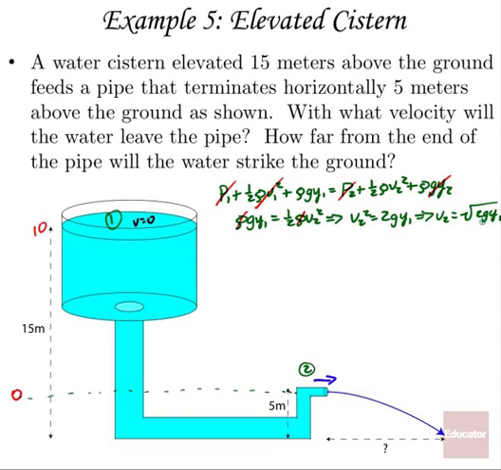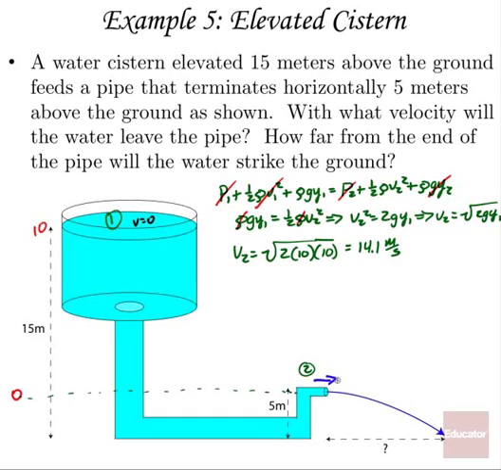V equals square root of 2GH, the conservation of energy value we found to determine how fast something's moving after it's been dropped some distance. Same idea. So V2 will be equal to the square root of 2 times G, 10 meters per second squared, times Y1, 10 meters, or square root of 200, that's about 14.1 meters per second.